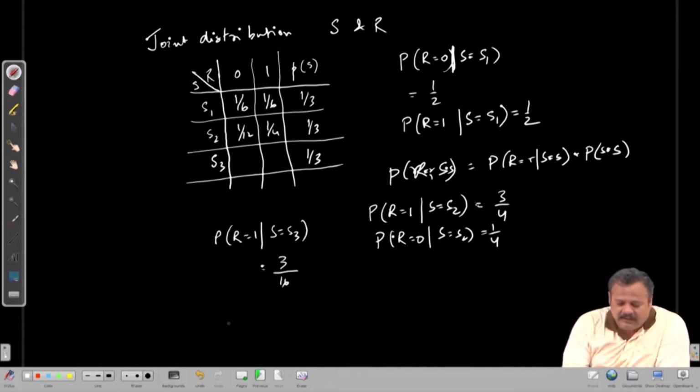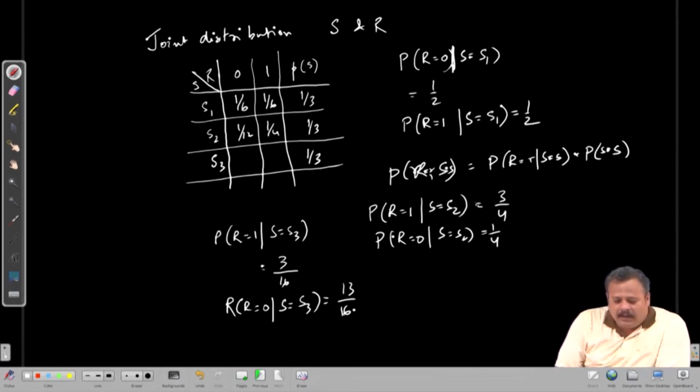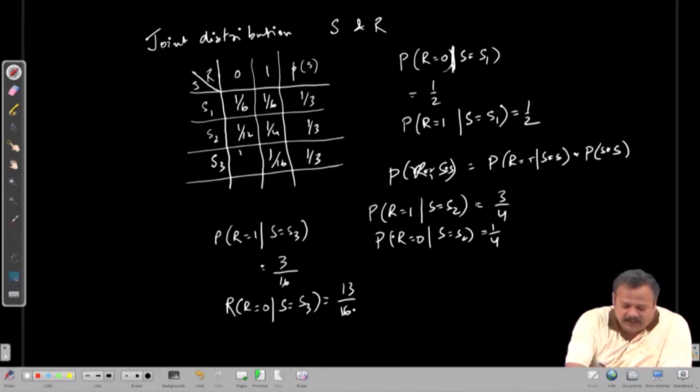Similarly, the probability of R equals 0 given S equals S3 is 13 by 16. Multiplying by 1/3, here we have 1 by 16, and here we have 13 by 48.